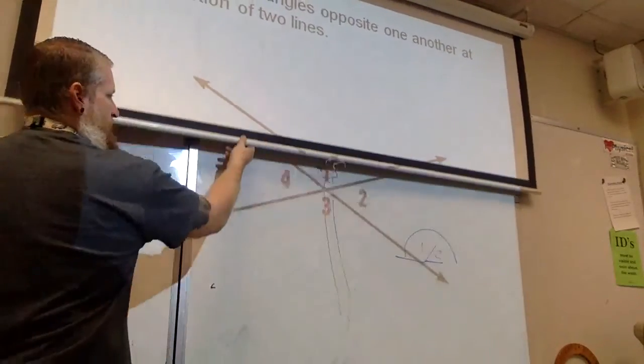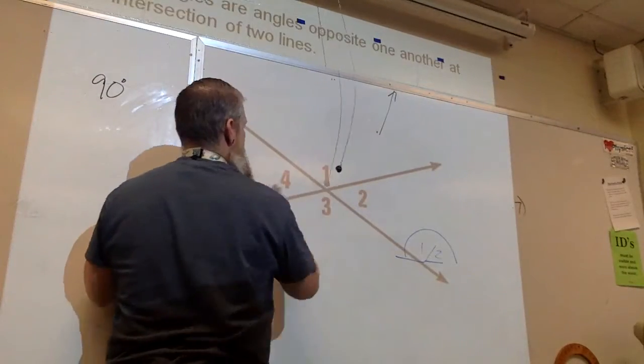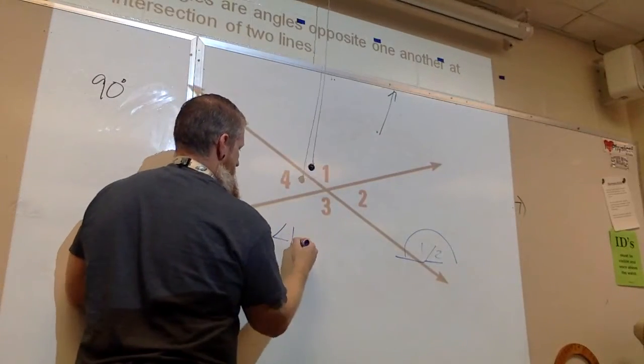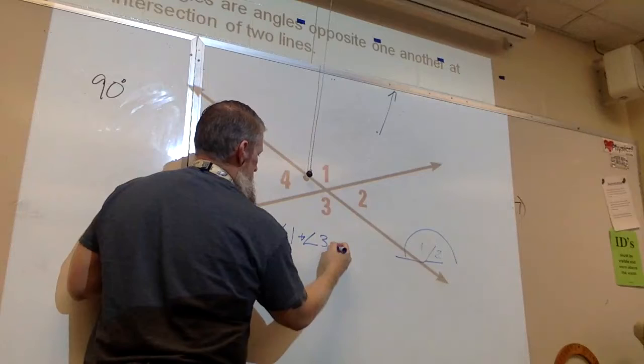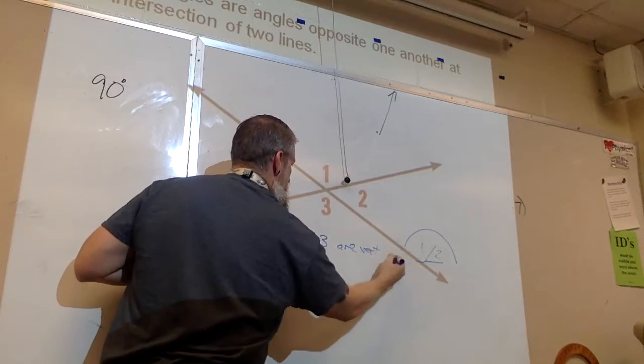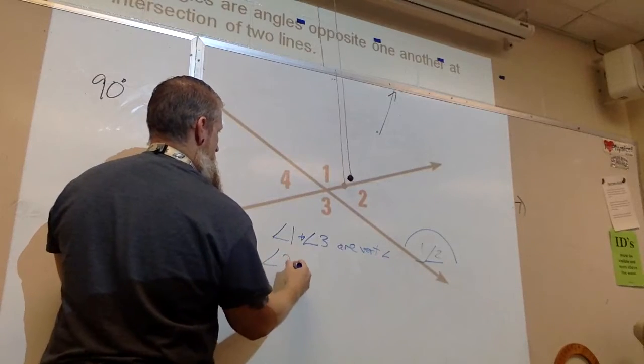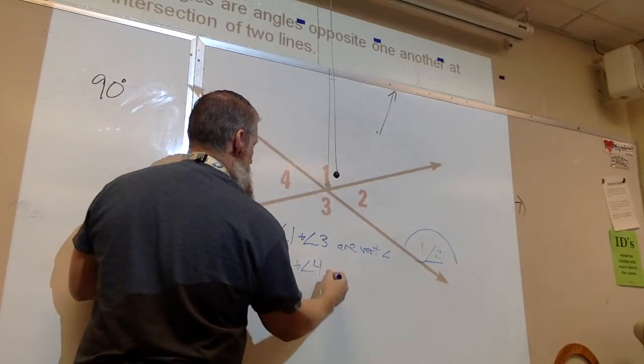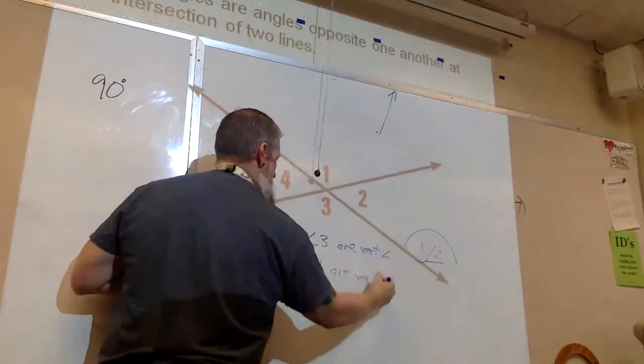So in the picture right there, angle 1 and angle 3 are considered vertical angles, and angle 2 and 4 are considered vertical angles.